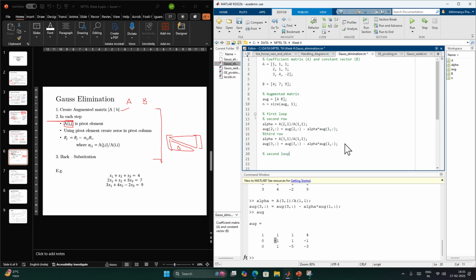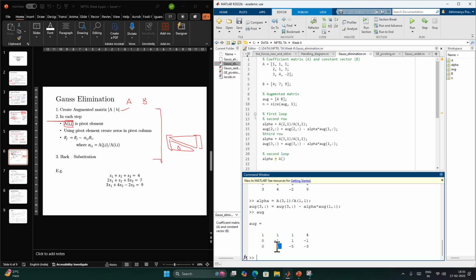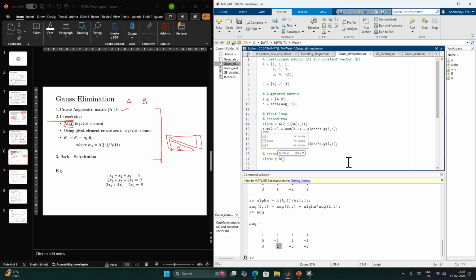Then in my second loop, my alpha would be, I need to take this element, so that would be A3 comma 2, divided by A2 comma 2, right? So I will be dividing this element by this element, and then I will be changing my third row.